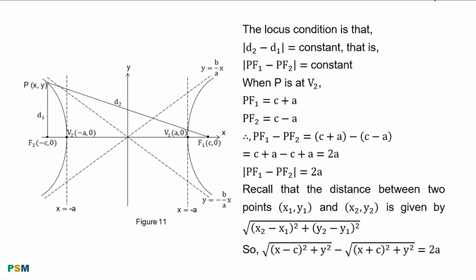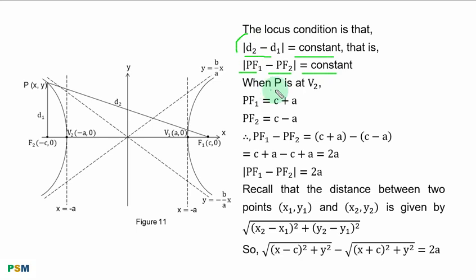The locus condition is that the difference between D2 and D1 is equal to a constant, that is PF1 minus PF2 equal to constant. You have them under the symbol of absolute value.